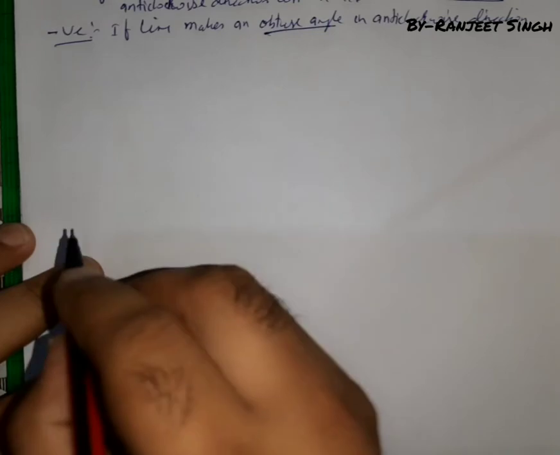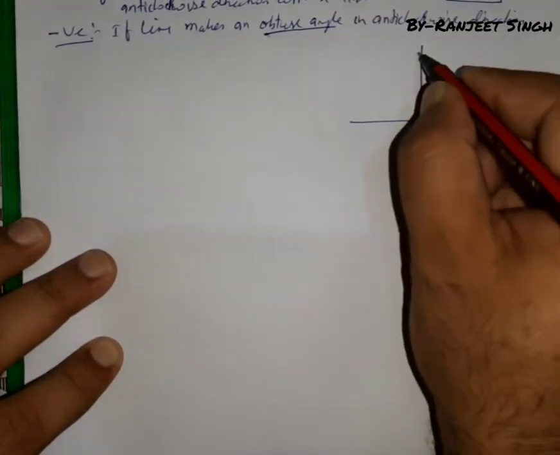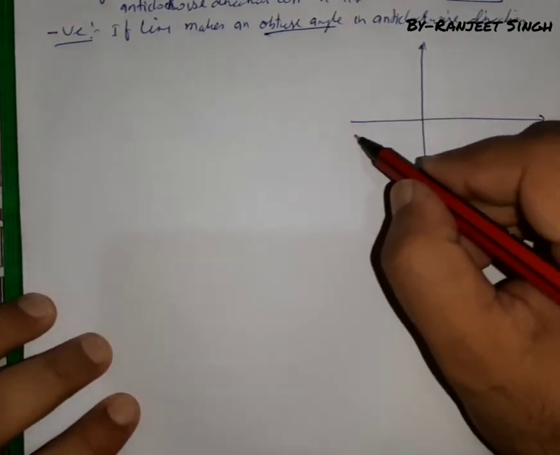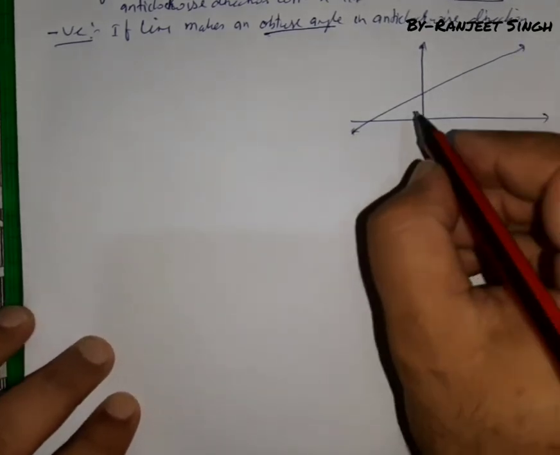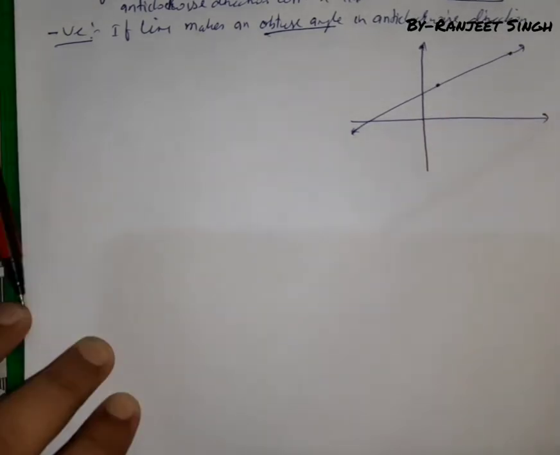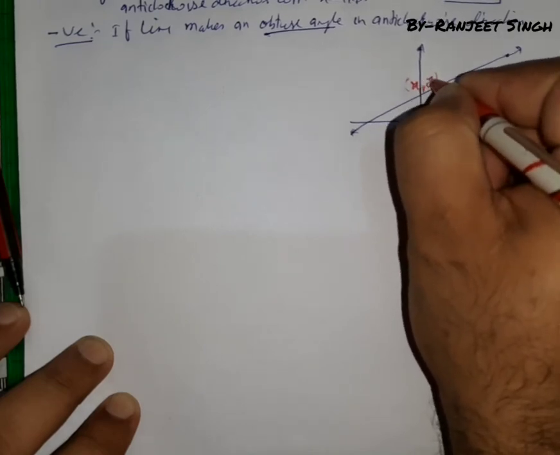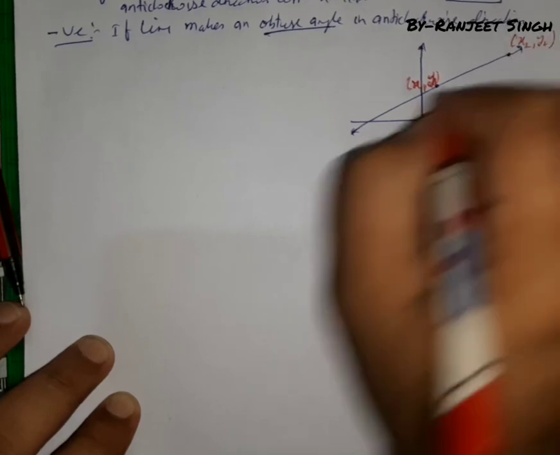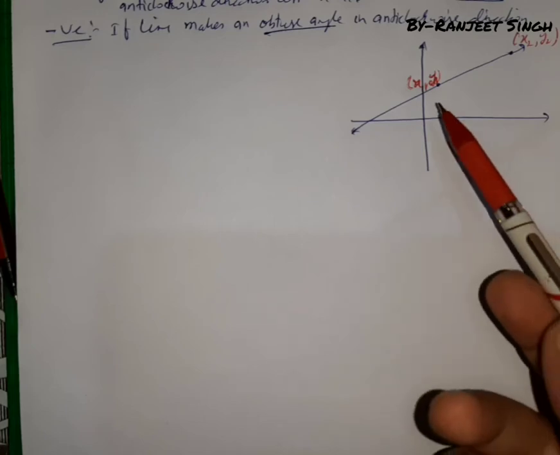So in the next case, let us say that in the Cartesian system I have some line like this, and now I'm saying that there are 2 points on the line, here and here. Let us say that these points are x1 y1, and this point is represented by x2 and y2.